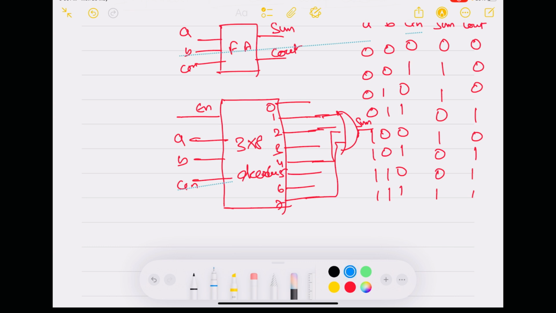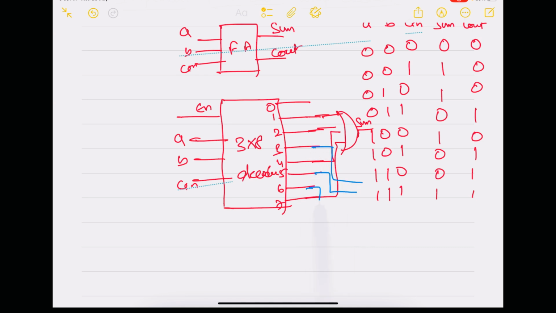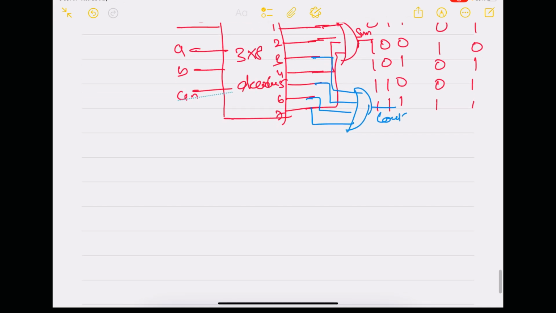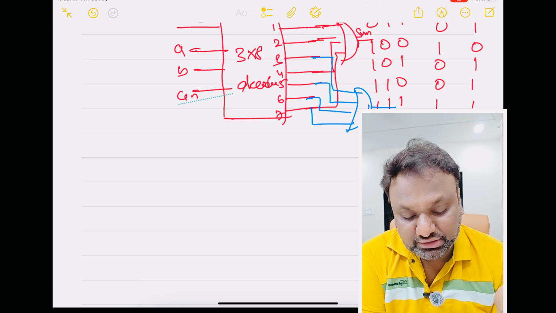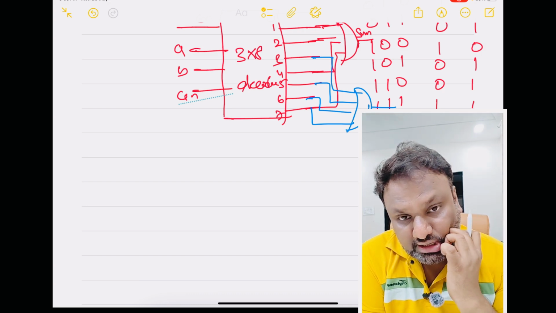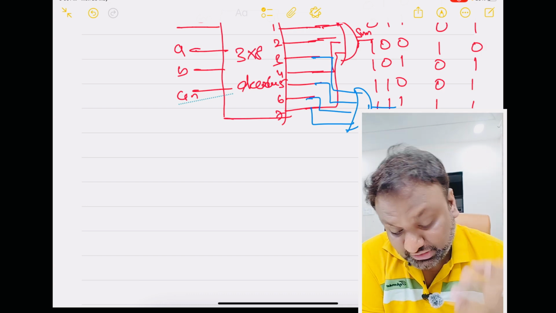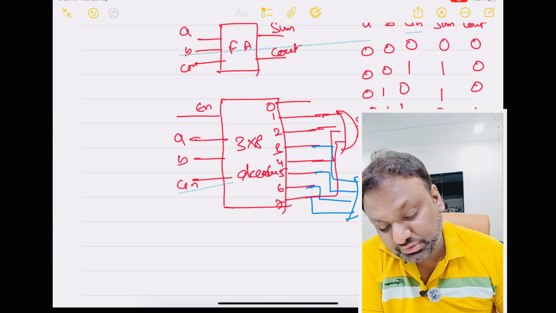And next, C out is 1 at 3, 5, 6 and 7, which are given to another OR gate. This will be my C out. Okay, simple implementation. Directly you connect your outputs to an OR gate, then you can implement a full adder using a 3 to 8 decoder.